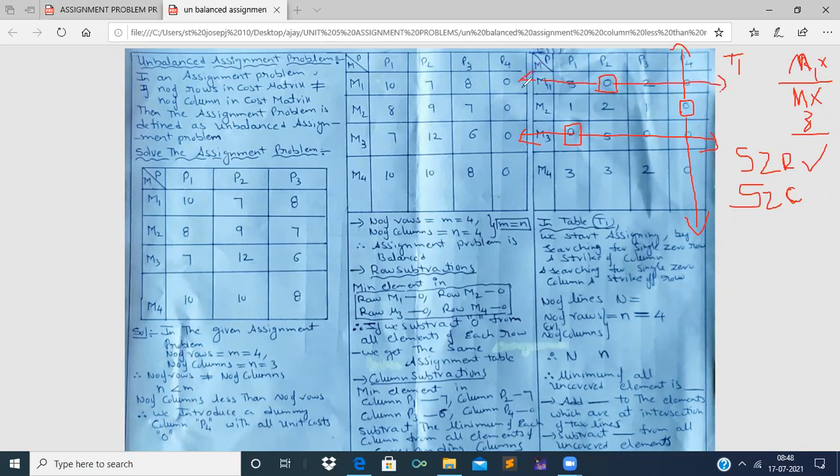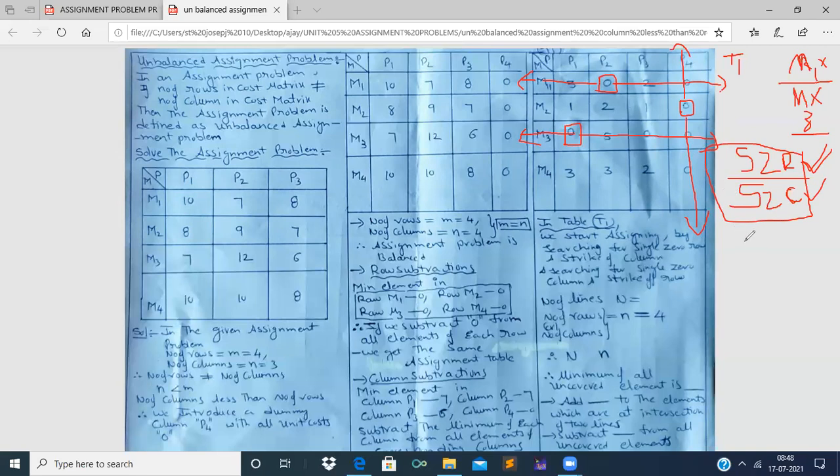So if we observe carefully, the single zero row search and the single zero column search is finished. Now, if we observe clearly this table after these assignments, we have to observe zeros carefully.